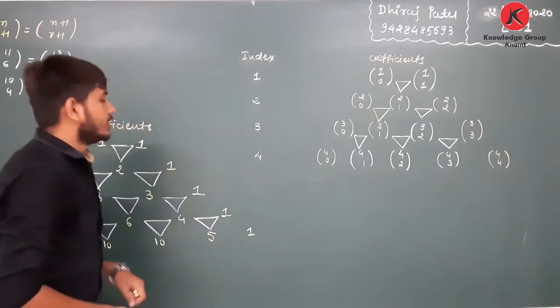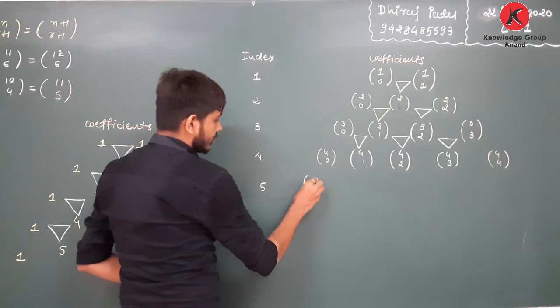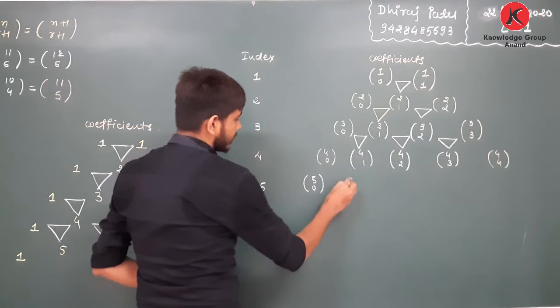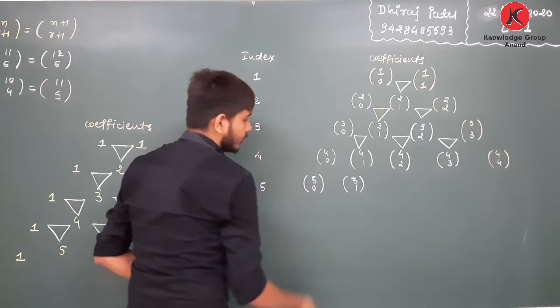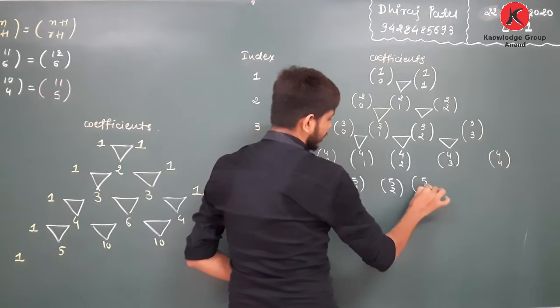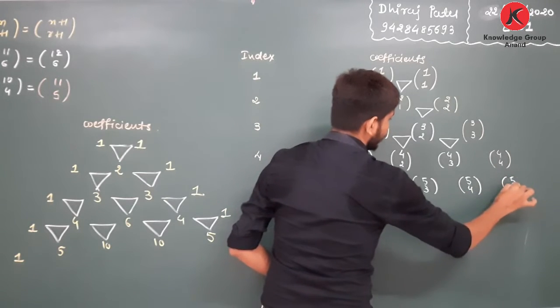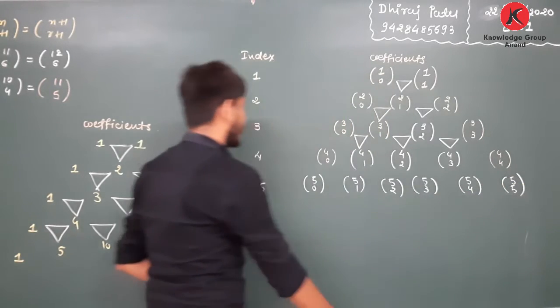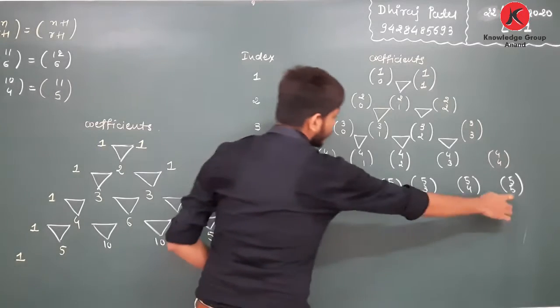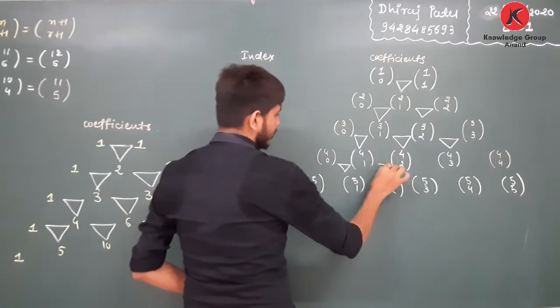Clear? Next, if the index is 5, then we can write the coefficients directly: 5C0, 5C1, next 5C2, 5C3, next one 5C4 and last one 5C5. We have to start from 0 to 5 and we can also calculate by use of addition of these two.